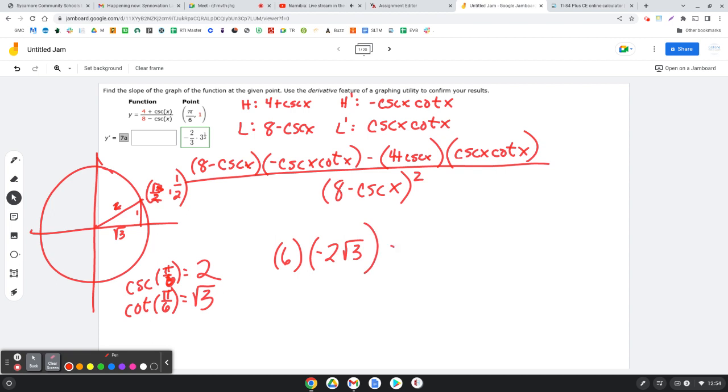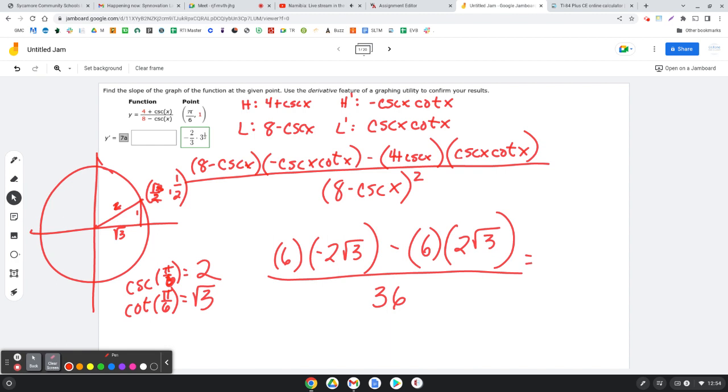And then minus 4 plus the cosecant of x, 4 plus 2, times cosecant cotangent. Is that going to be 0? No, it's not, because they're both negatives. On the bottom, you're going to get 8 minus 2, 6 squared, 36.